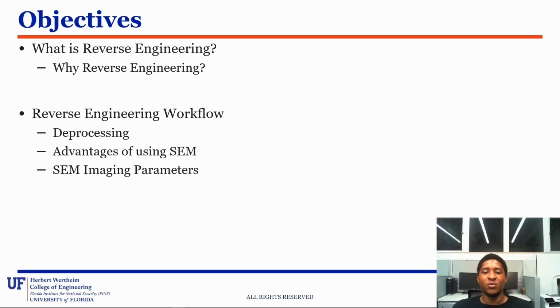Additionally, we'll take a look at the key imaging details important in SEM. And then we'll also discuss how the beam intensity affects SEM. This detailed exploration will give you a step-by-step process allowing you to understand the reverse engineering using SEM on ICs.